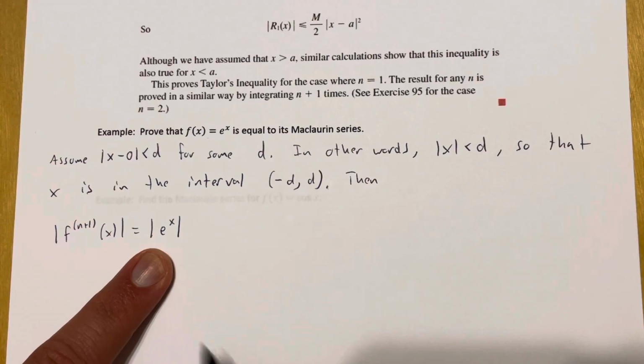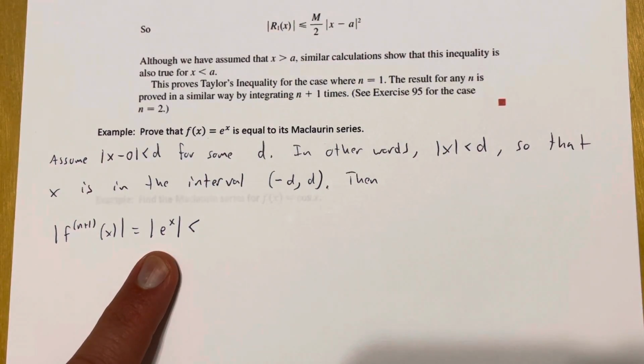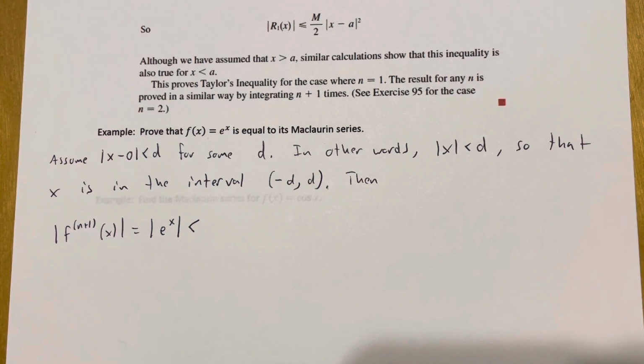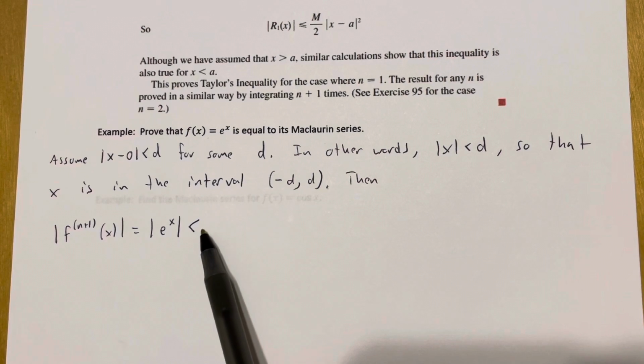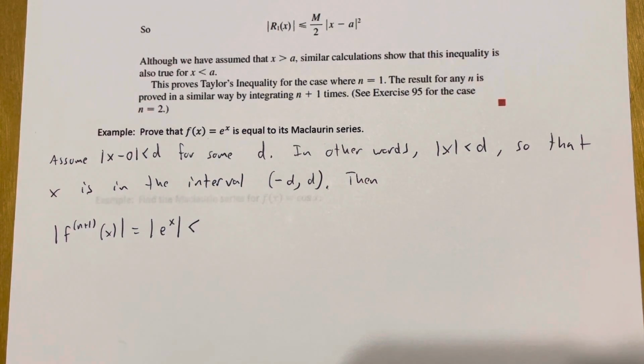Now, what I'm trying to do is find an upper bound for this inequality. If I was just considering the entire function on the entire domain, then there is no upper bound for that because e to the x goes to infinity as x goes to infinity.